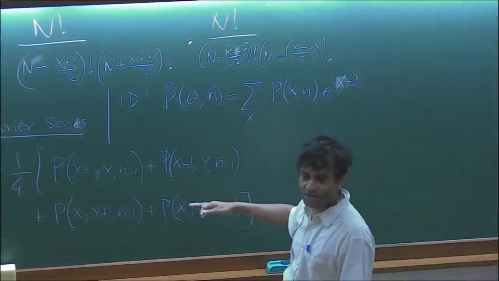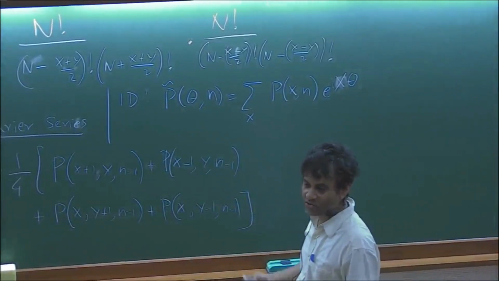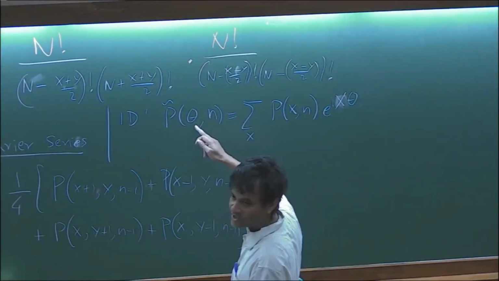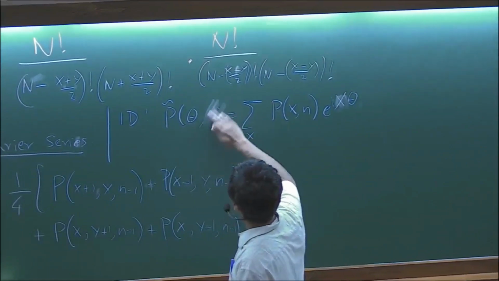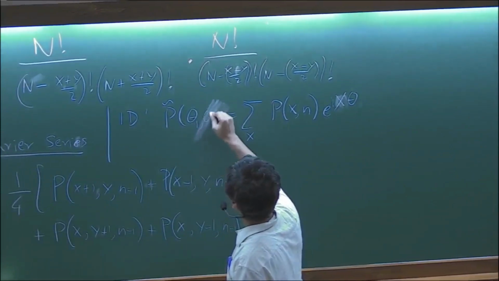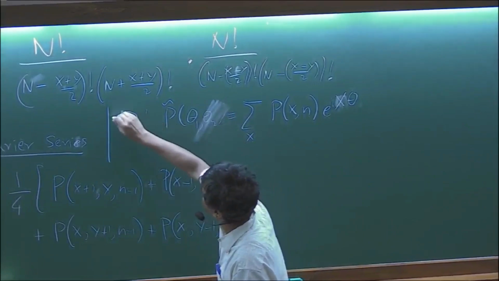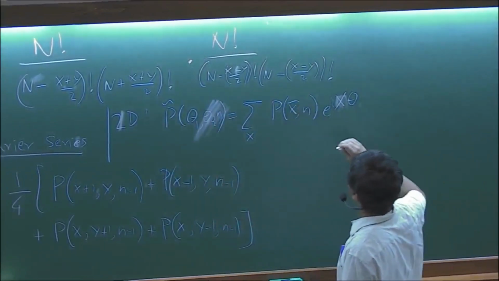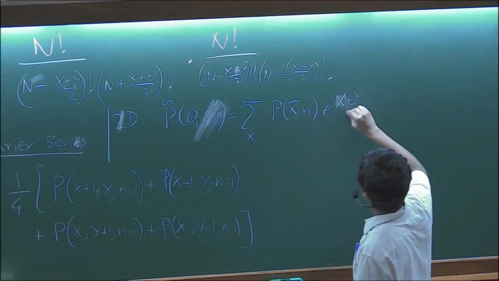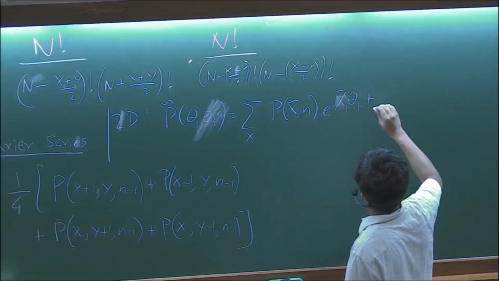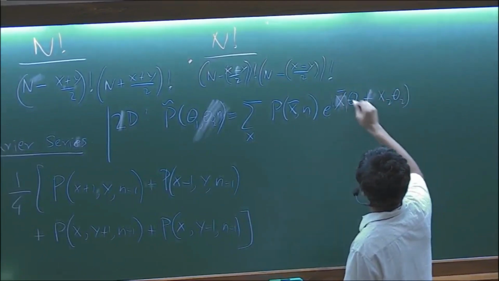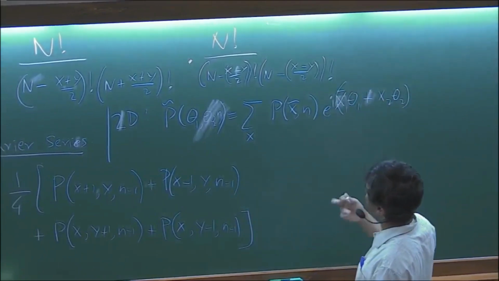Now, with two variables, we should just generalize this. So we should have theta 1, theta 2, and it's just a two-dimensional Fourier series.